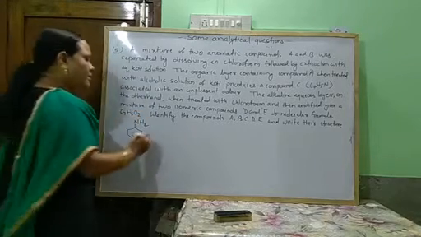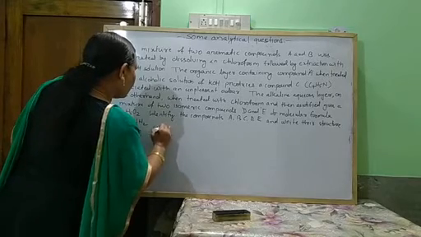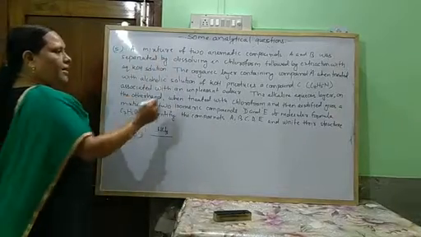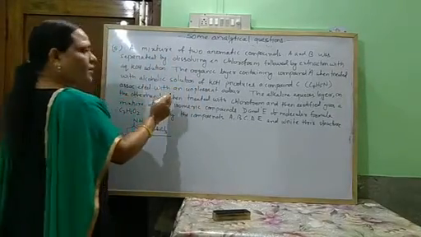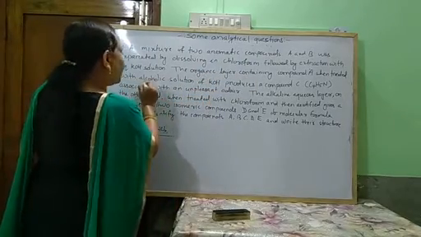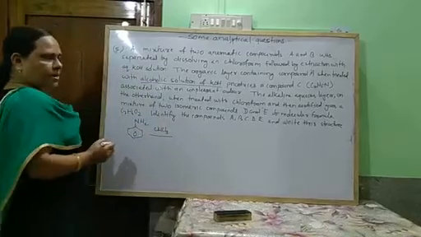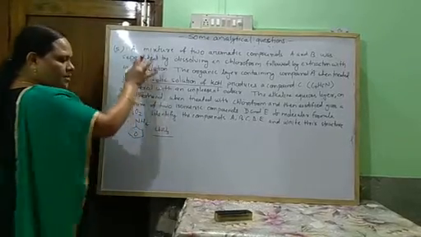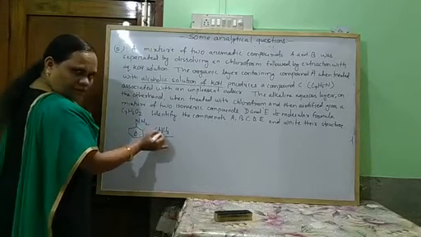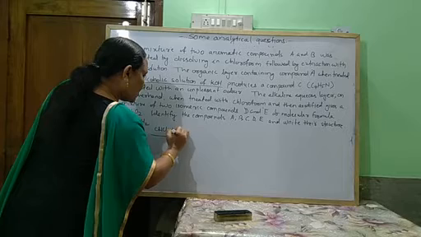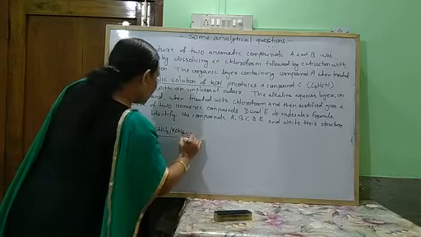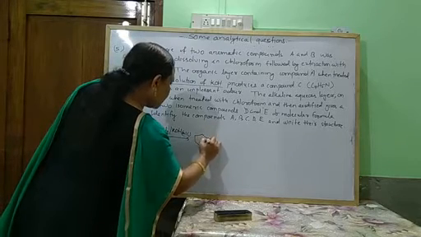And this aniline, with chloroform as the solvent, when treated with alcoholic potash, that is alcoholic solution of potassium hydroxide, forms phenyl isocyanide. It is insoluble in aqueous potash, but it contains chloroform as solvent.